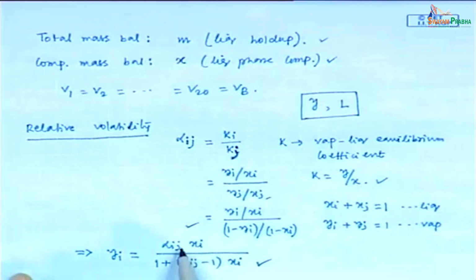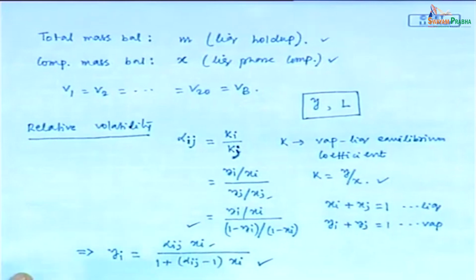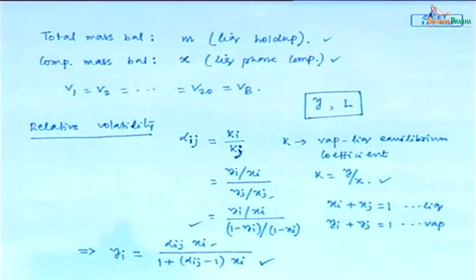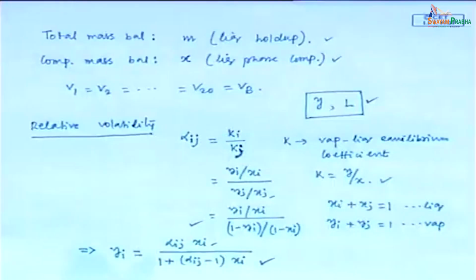You see, in this equation alpha ij is defined, that is constant. We have assumed that. The x value we can calculate from the component mass balance equation. Fine. So, all the terms in this equation are known except yi. So, we can calculate yi, fine. In the next class, we will discuss how we can calculate the liquid flow rate L, fine. Thank you.